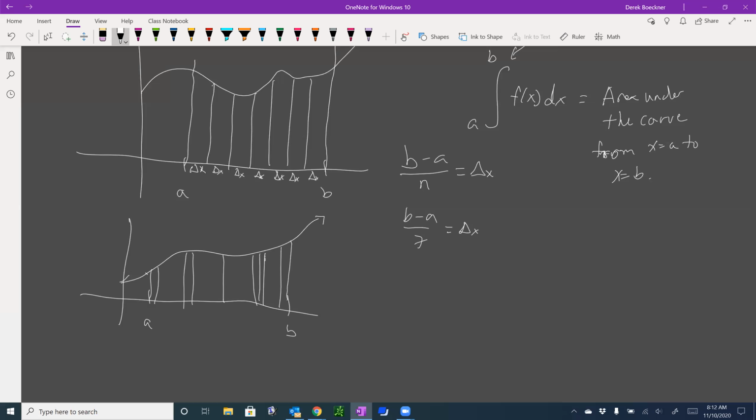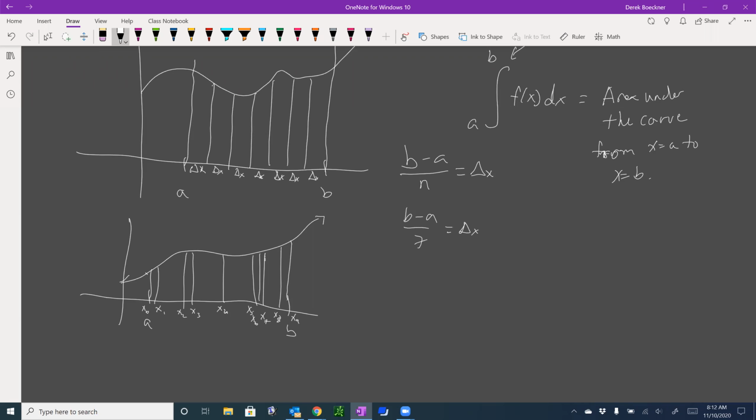So I'm going to label the endpoints of the rectangles like this: x0 is that first, x1, x2, x3, x4, x5, x6, and x7 are really close together there. x8 and x9.